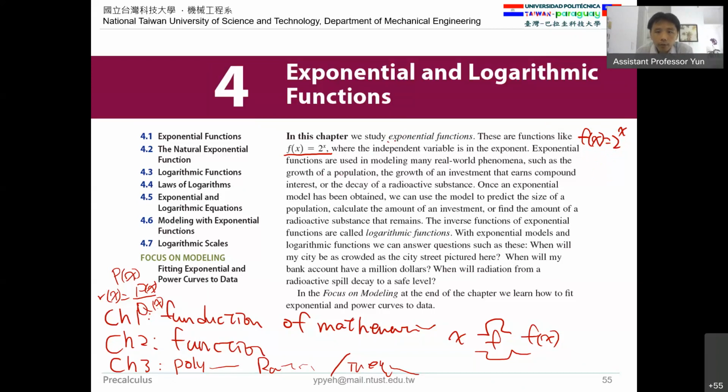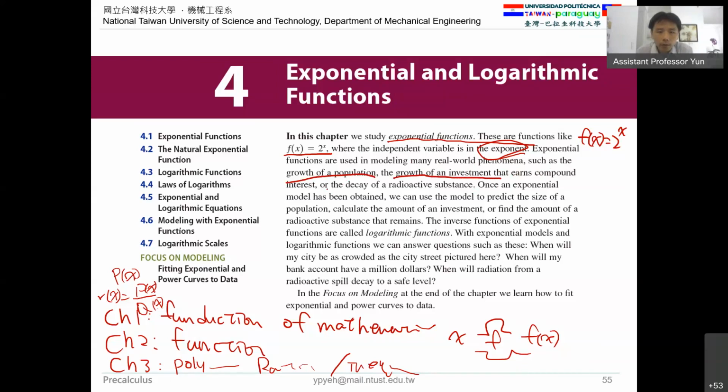So in the exponential functions, for example f of x equal to 2 to the power of x here, the independent variable is in the exponent. Okay, as we explained. And it is usually used to model many real-world phenomena, such as the growth of populations and the growth of an investment that earns compound interest.